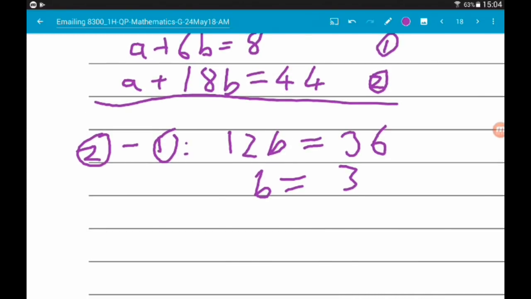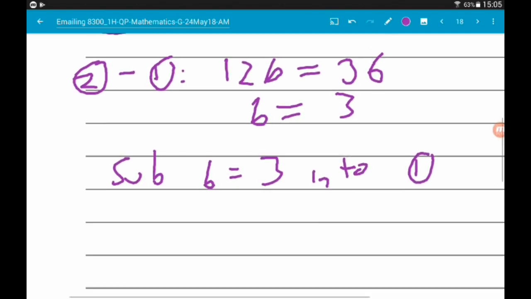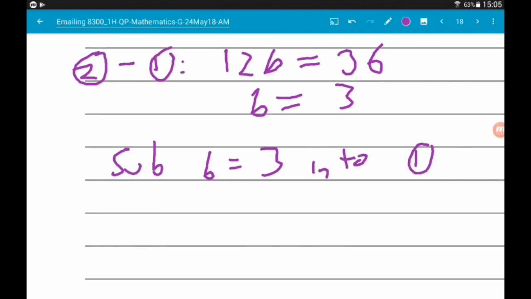Now to get A, we substitute that value back into one of the equations. So I'm going to sub B equals 3 into equation 1. So that's going to give me A add 6 times 3, so A add 18 is equal to 8.